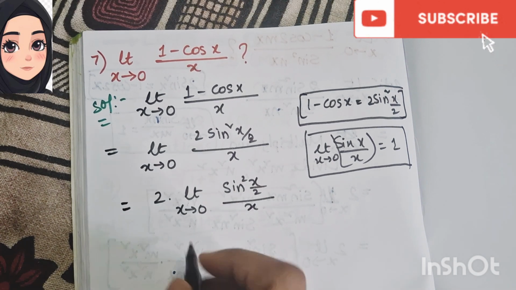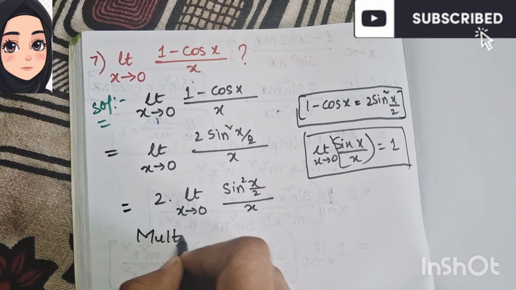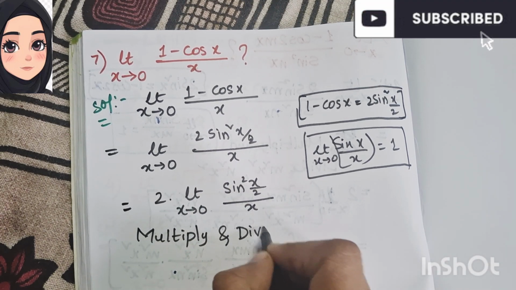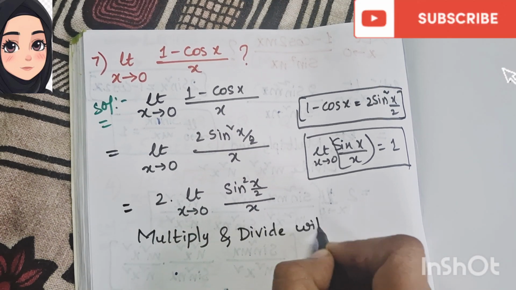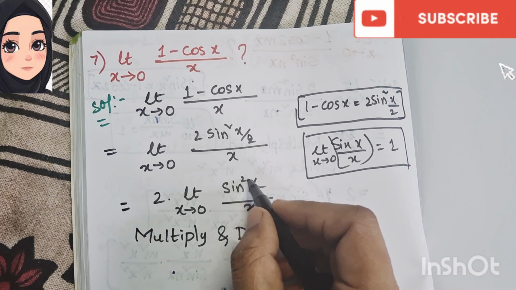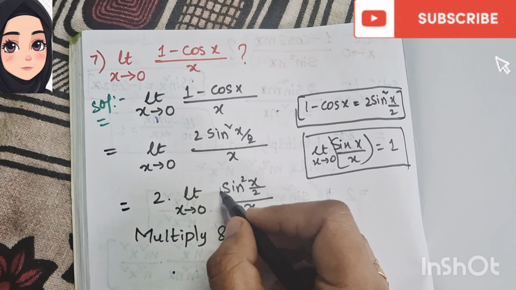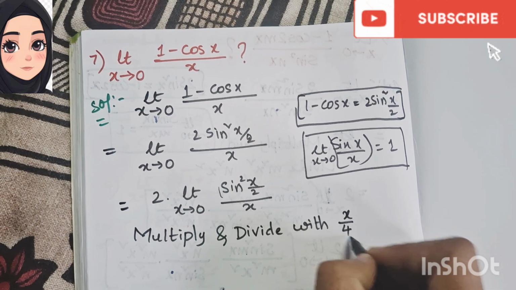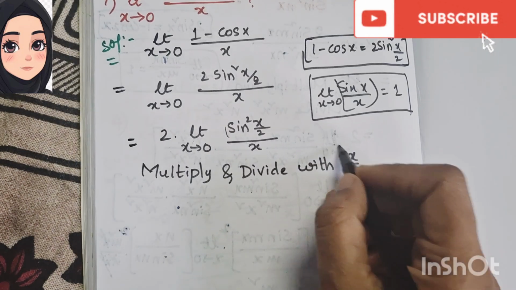Now what do we have to multiply and divide to get the formula? Sine square is there. If we write the whole square, we get x by 4. So x by 4 we have to multiply and divide.